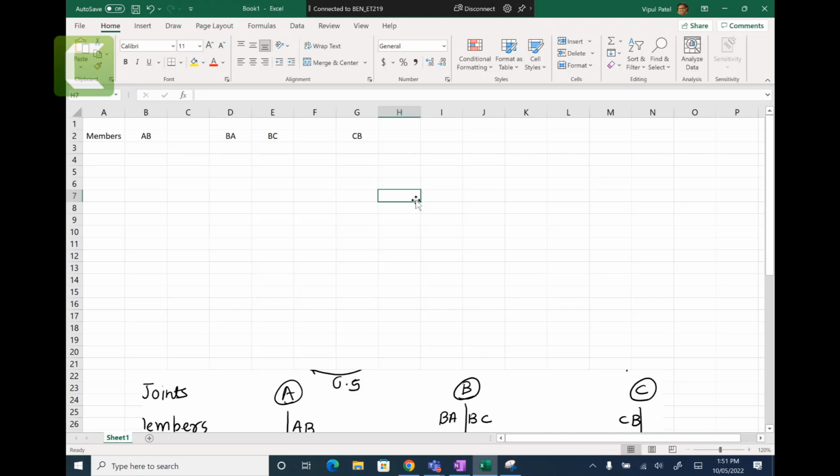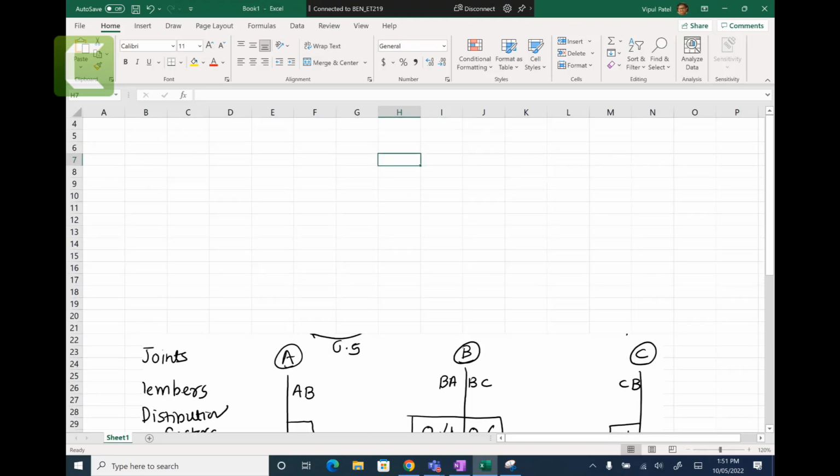It looks neat. If you don't leave a gap, that's okay. It's up to you. Yeah, that looks a little bit squashed. But that's okay. If you don't want to leave a gap, don't leave a gap. All right. So once you put those members, you can write the next one, distribution factors.